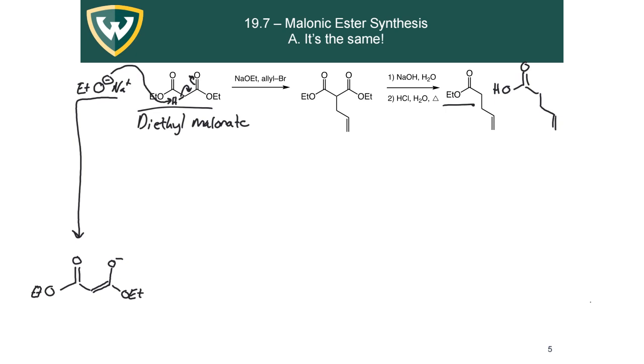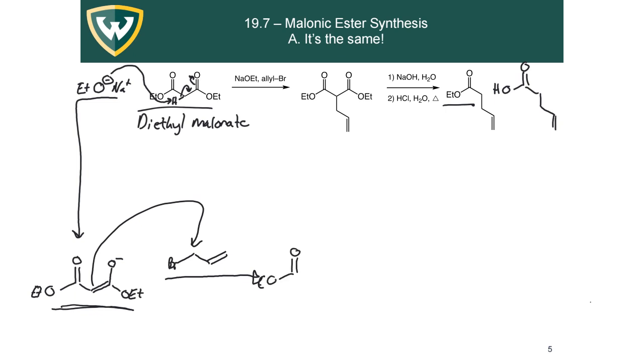Deprotonation of the acidic CH bond in between the two carbonyls affords the deprotonated 1,3-malonate, diethylmalonate, this compound here. This is a strong nucleophile that can then react with our electrophile, the allyl bromide, to afford the monoalkylated product.